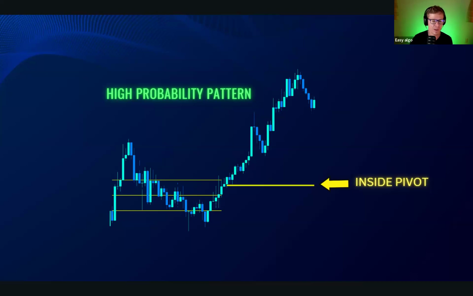They're only looking for that one specific pattern, that one specific move, and they trade that over and over again. As soon as you start jumping around, trading a strategy here, a strategy there, you're not going to become a consistently profitable trader. So the key is to identify patterns that have a high probability of success, and then only trade those patterns.